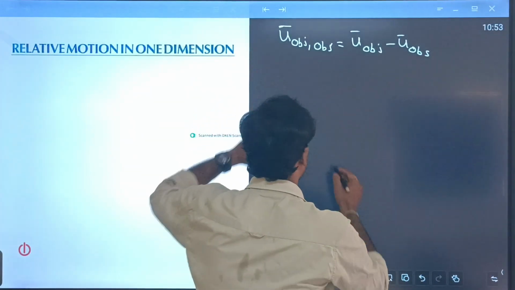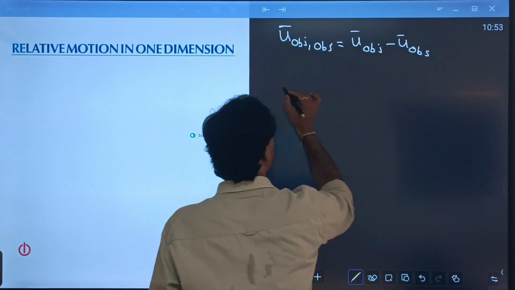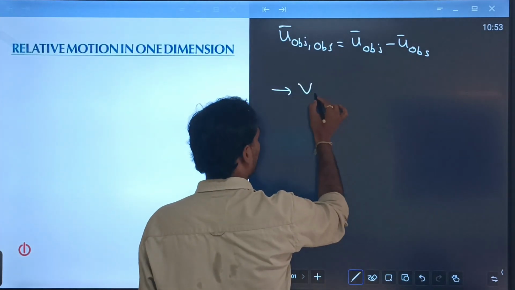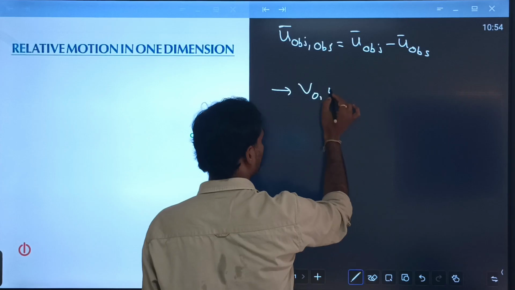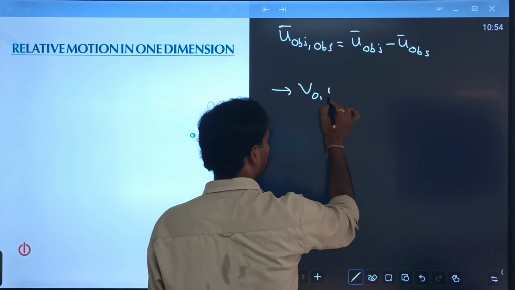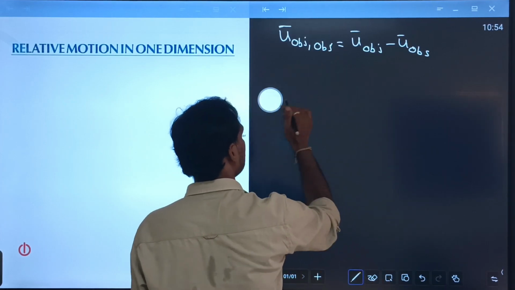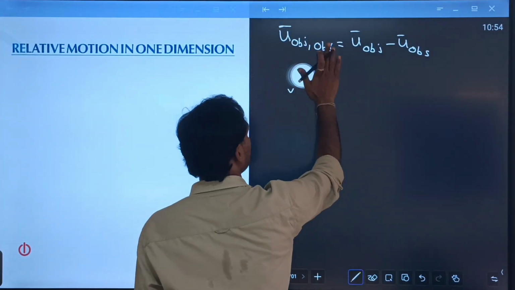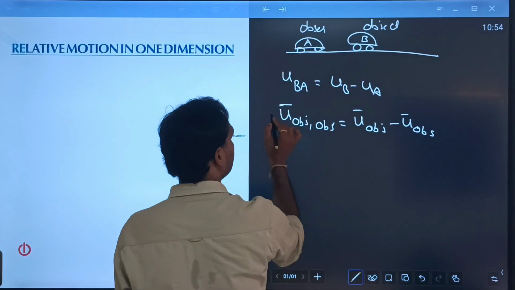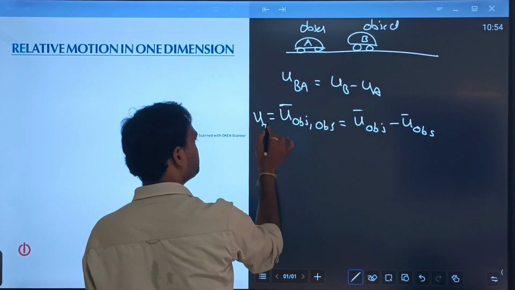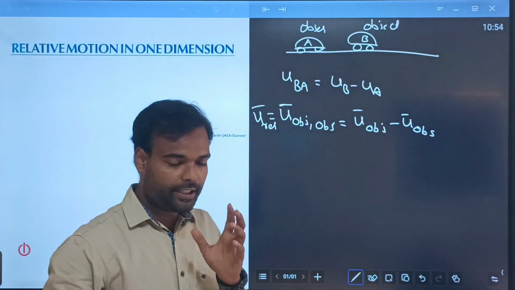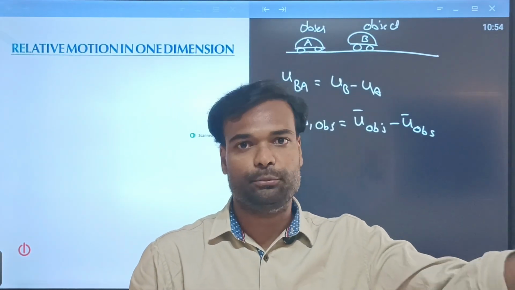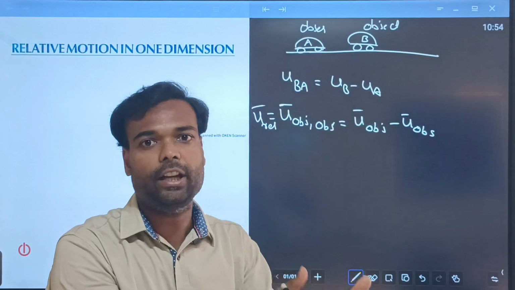Right. Now, uniformly accelerated equations we can represent like this: object with respect to observer, V, and we can say this as u relative, that is, velocity relative to one object with respect to the other observer, or the observer with respect to the object, one is related to the other.